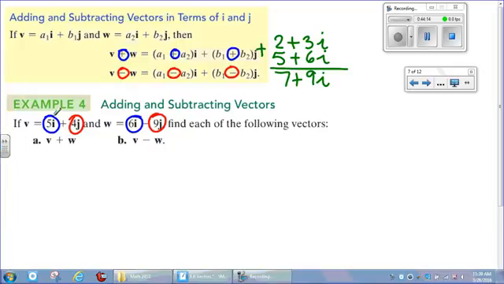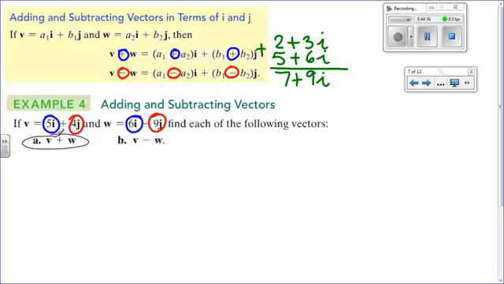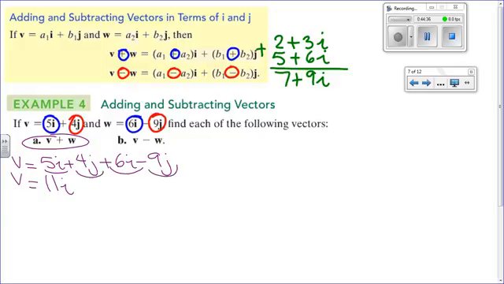So let's say I want to add these two vectors, right? So vector B is 5i plus 4j. And then vector W is 6i minus 9j. So if I combine like terms, 5i plus 6i will be 11i. And 4j minus 9j will be negative 5j.